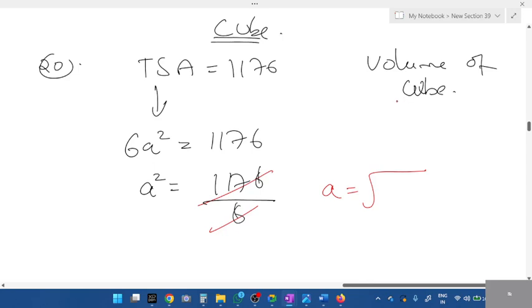What is the volume of a cube, students? What is the volume of a cube? The answer is a cube. So we need to find the value of a. All of you tell me the value of a. Complete this.